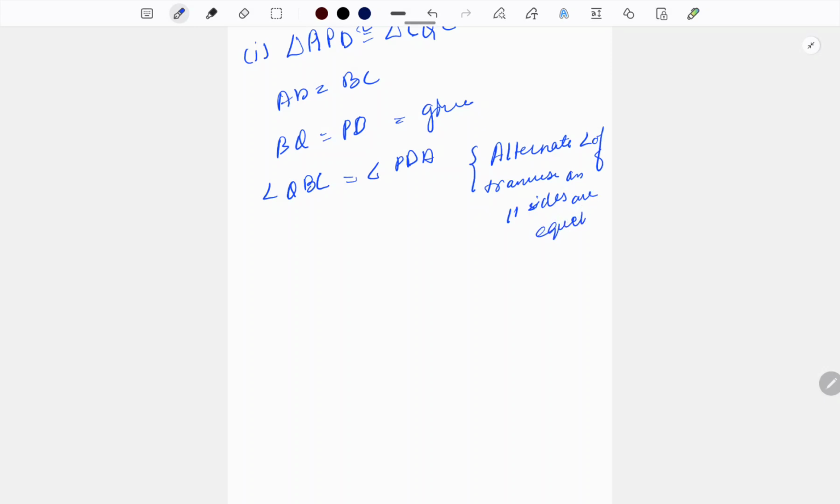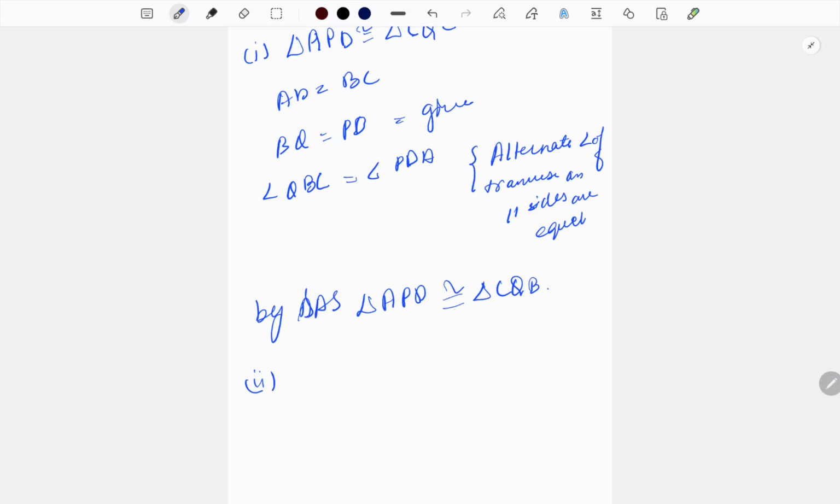Okay, by SAS triangle APD is congruent to triangle CQB, hence proved.